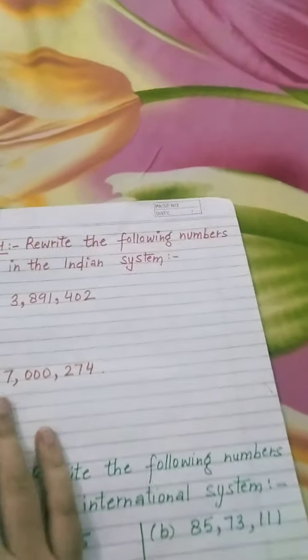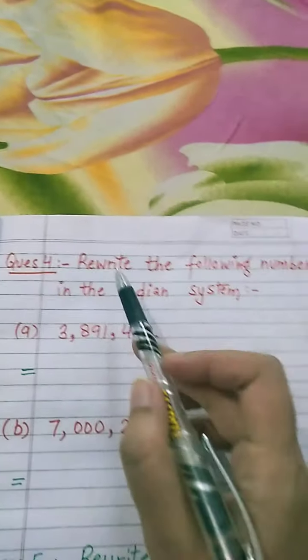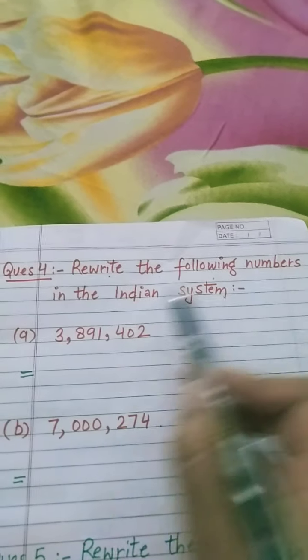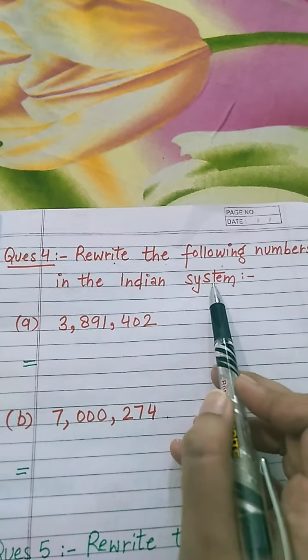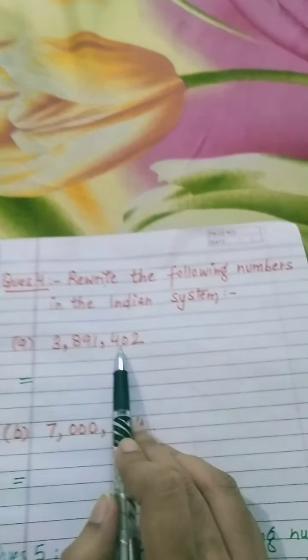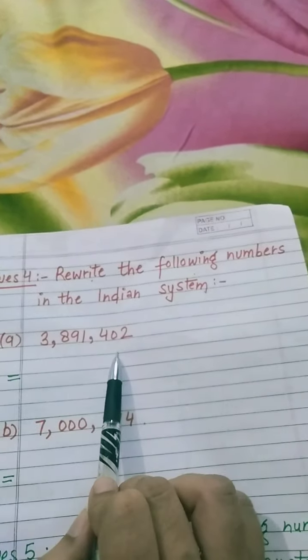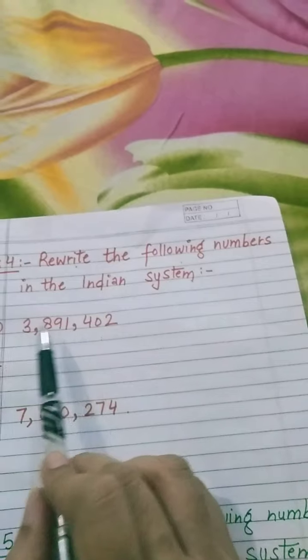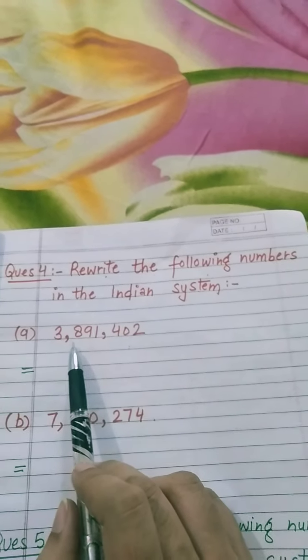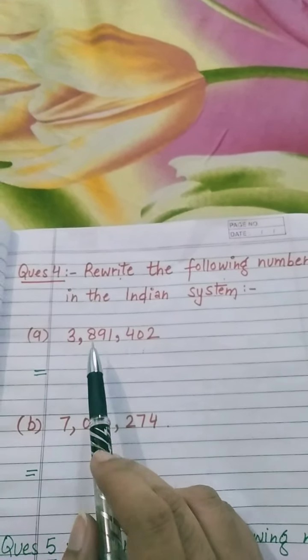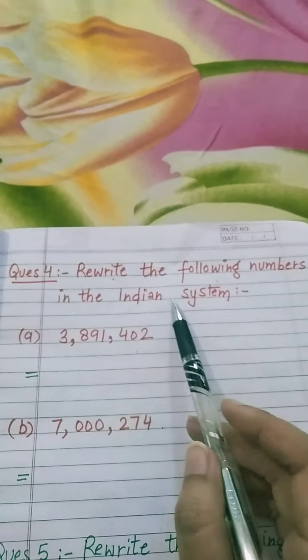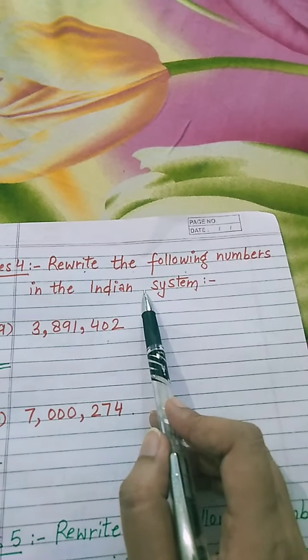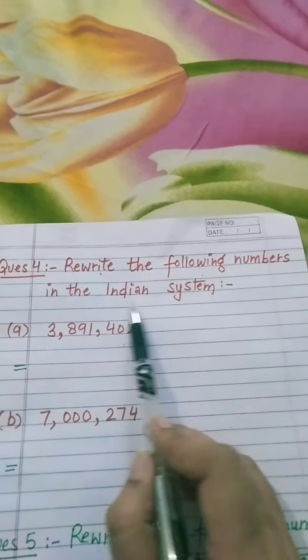Moving on to the next question, that is, rewrite the following numbers in the Indian system. As you can see, the question is also in numerals, but it is in the form of the international place value chart, and you have to convert it according to the Indian system.